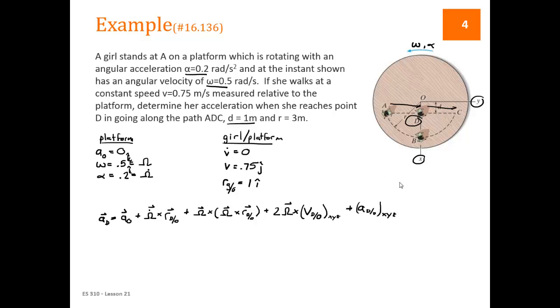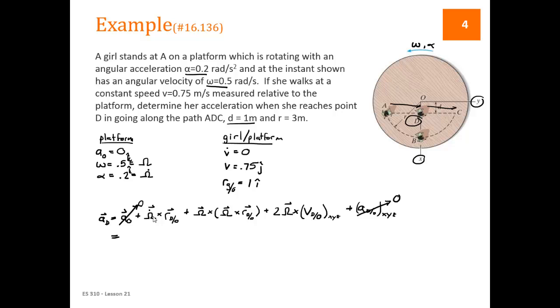So in our case, some of these things go to 0. The platform is not translating, so the acceleration of the center is 0. And the girl is not accelerating relative to the platform because the velocity was constant, so that is also equal to 0. So then we just get to plug in all of these other known values.